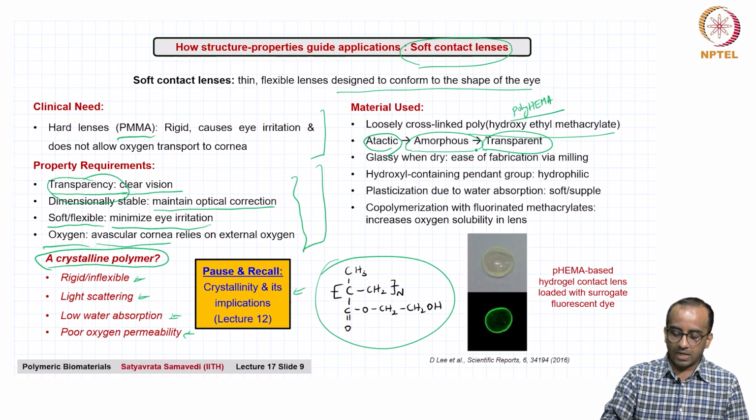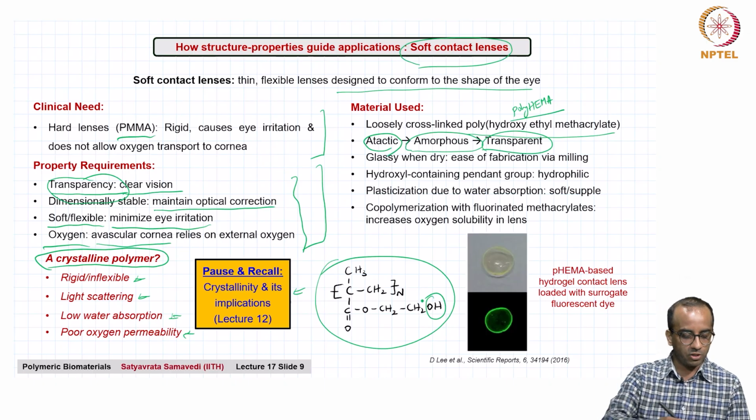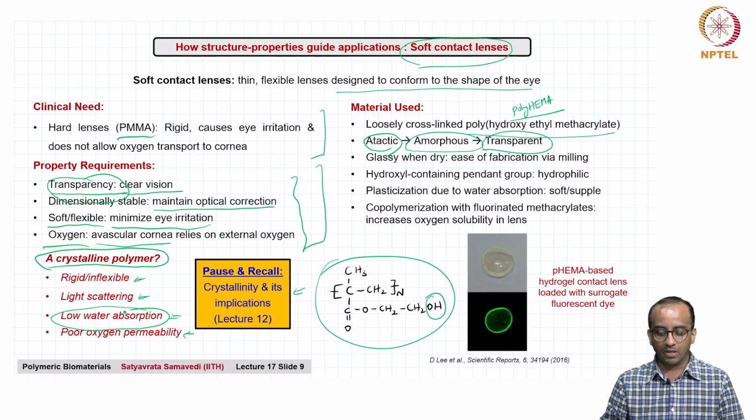Also note that because of the hydroxyl, it can easily stay very well in a water-based environment, which would not have been possible with a crystalline polymer as shown here.